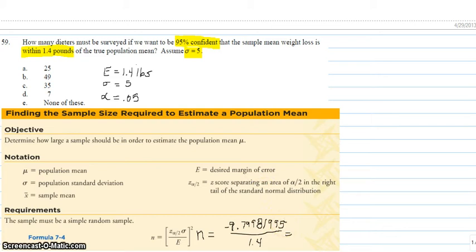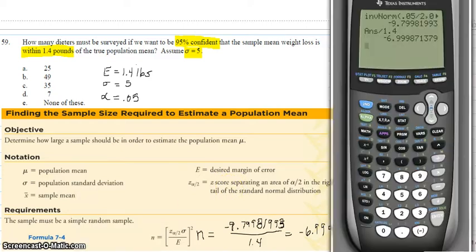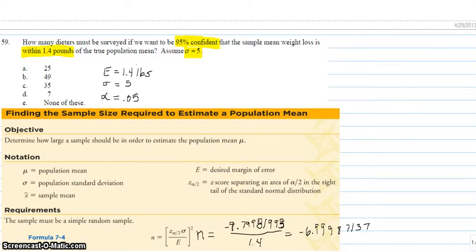That should be a 3, not a 5 here, so let's make that a 3 because it really looks like a 5. Now let's write our answer down, and that is negative 6.9998713, and I believe our last digit was 9. Sorry about that.